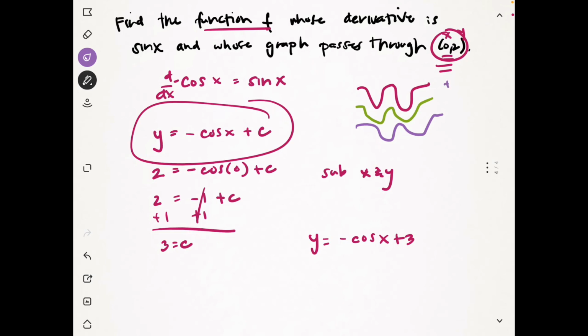This could be a plus 1, this could be a plus 0, this could be a minus 2, added or subtracted onto our cosine. But when they say find this specific one, they're asking for the one function whose derivative is sine x and that also passes through that one point. This one may be the only one that crosses through that point, while the other ones do not. So you just have to be very specific. We have to put the plus c and then plug our information in to solve for c.